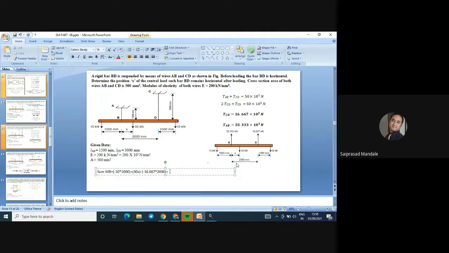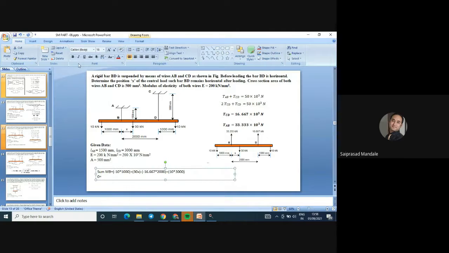Plus 10 into 1000 plus 2000, that is 3000. Where is the x? It is the point of x, 3000. It is equal to 0. Tell me the answer.